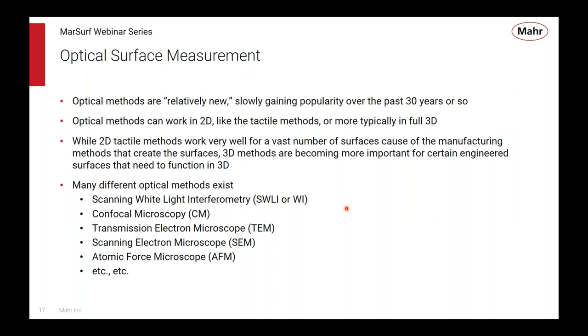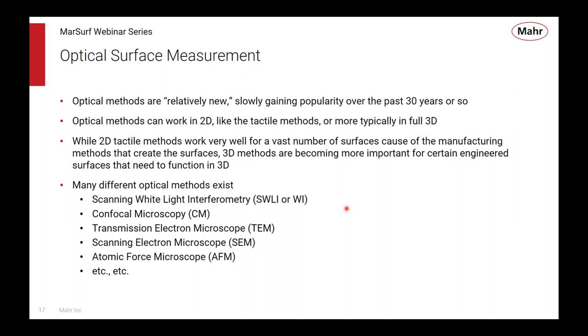I've been doing this kind of surface measurement for about 30 years, and 30 years ago, people were thinking optical was going to totally replace the tactile within the next 5 to 10 years. Well, it hasn't, and there are some reasons for that, but I think the momentum has picked up in recent years and will continue to pick up, and we're going to see a lot more usage of optical surface measurement in the next 5 years than we did in the last 5 years.